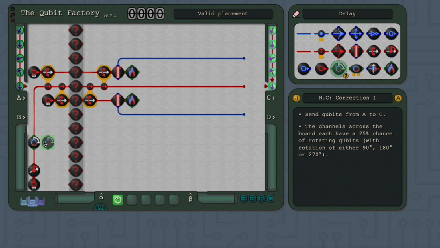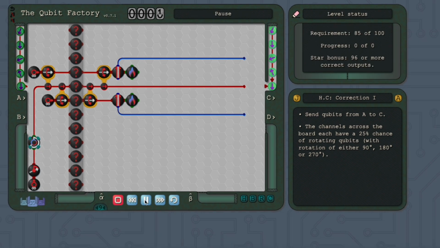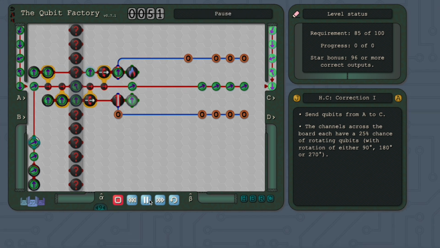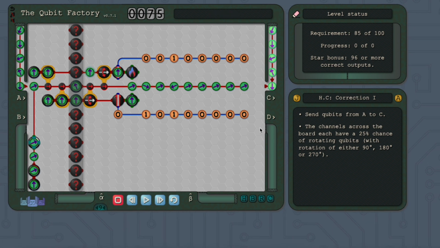I'll put in a delay there just to spread things out a little. Now all of my data is going to be just qubits in a particular rotational direction. We run this through, and we see that indeed if we get 2 zeros, then the qubits are in their original state. If we get 2 ones, then in order to get back to the known state, we have to flip on the x and the z axis.